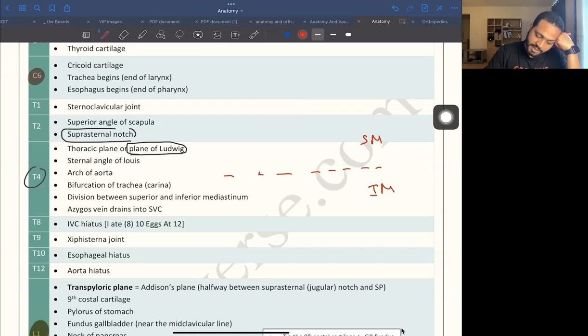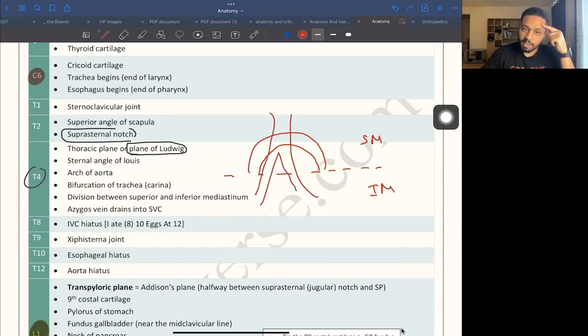Number two is the beginning and end of the aortic arch. Number three, the bifurcation of the trachea into the two main bronchi. And number four, the azygos vein comes from this side and joins the superior vena cava. And finally, this is the sternal angle of Louis. It's at this level from the front.